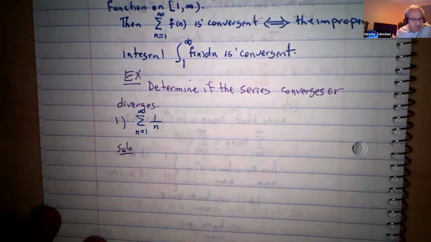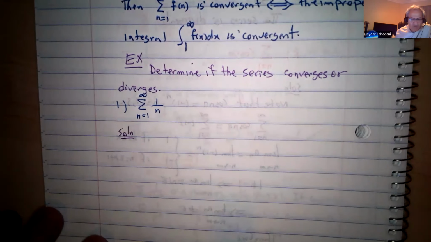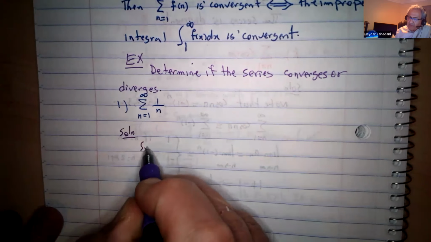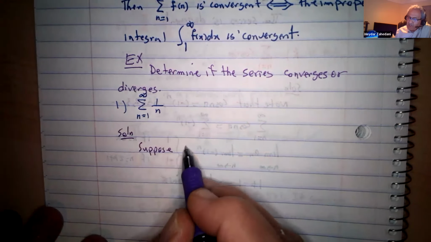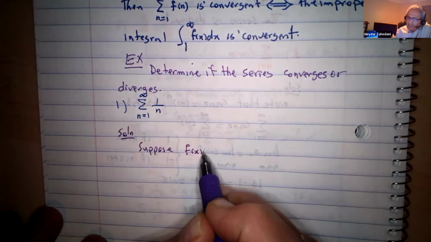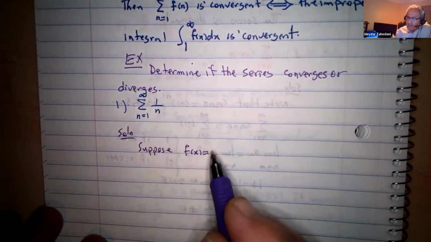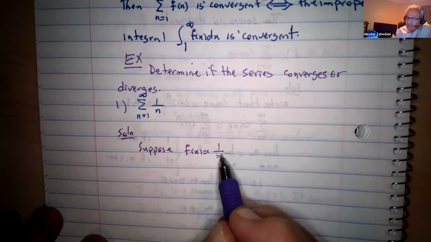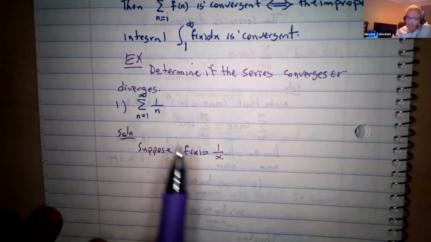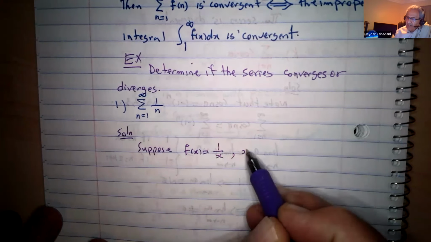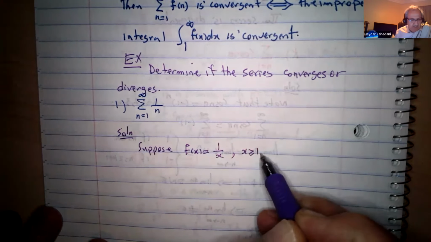Suppose f of x is equal to this general term, 1 over x, x from 1 to infinity. So x can be any number greater than or equal to 1.